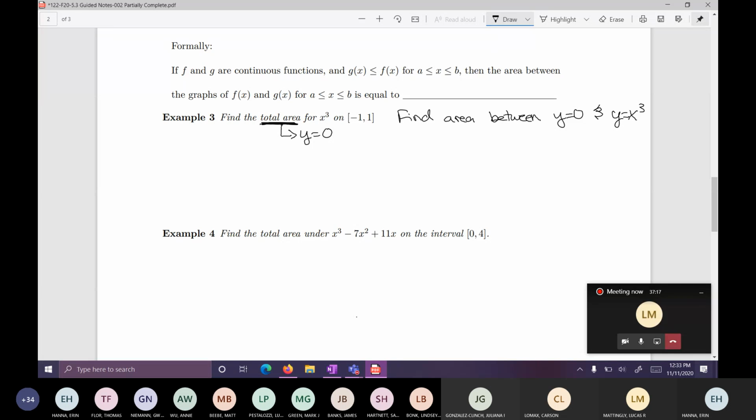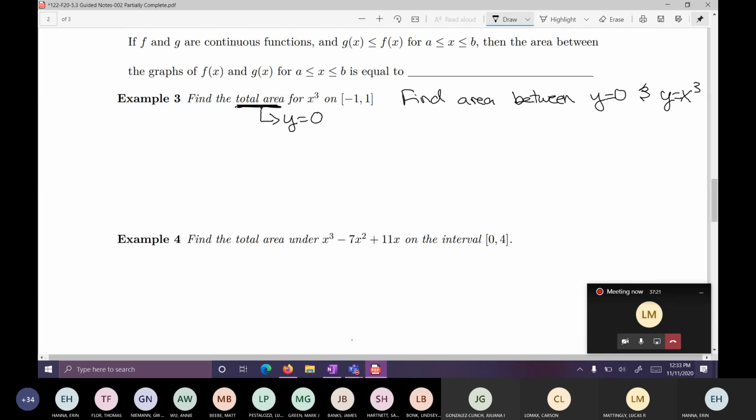So if you write very large, be a little careful because I don't think I gave us enough space for this if you're writing on my sheet. So the first thing we need to do is find where they intersect. We're essentially setting y equals 0 equal to y equals x cubed, so x cubed equals 0.